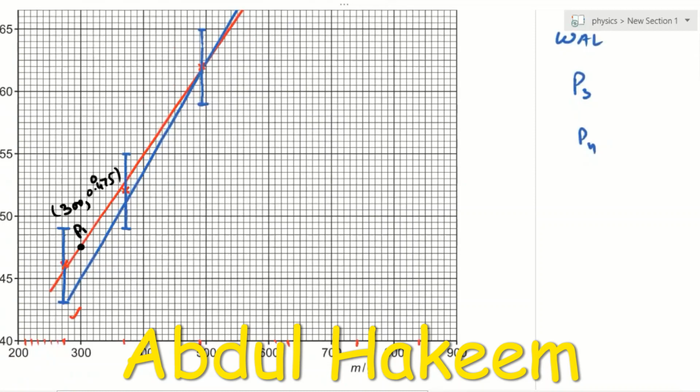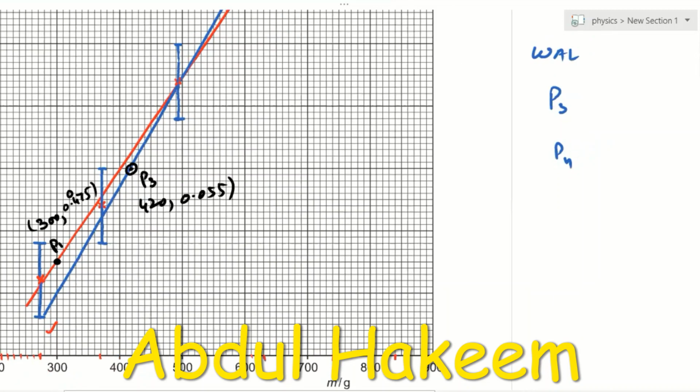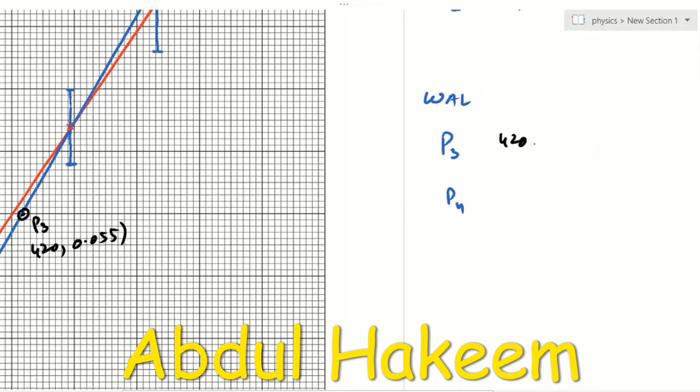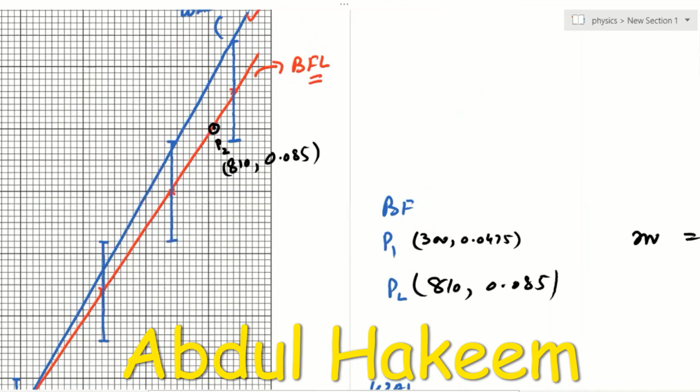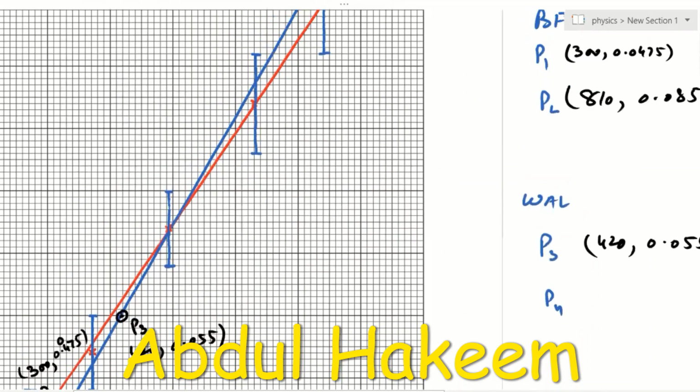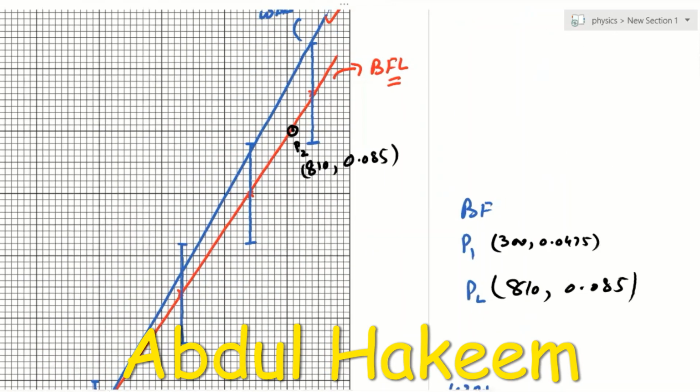Select any 2 points. For example, we take this point. This is supposed to be P3. Its coordinate is 420 and the y-axis 0.055. So this P3 is 420, 0.055. And another point, suppose we take this point.